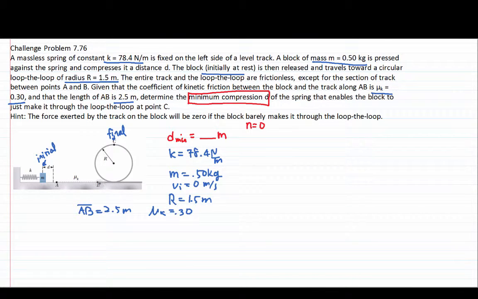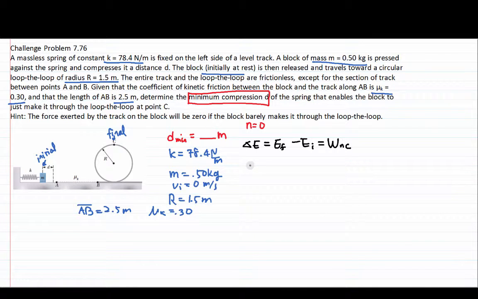And then it's going to go through our frictionless track and undergo the circular motion. And we expect the normal force at the point C equals 0. Then I can define E. Change in energy, E final minus E initial, equals non-conservative.